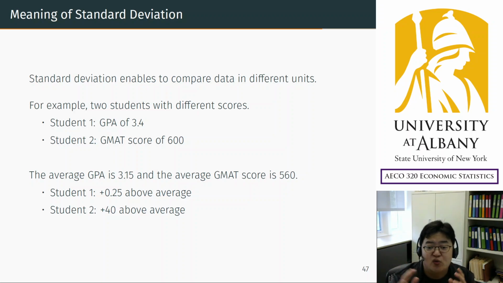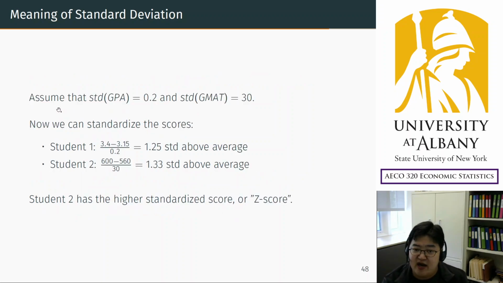So when you need to compare distance from the average, standard deviation can play the role of the unit. For example, additionally assume that the standard deviation of GPA is 0.2 and the standard deviation of GMAT is 30. Still, you see the scale difference, right?